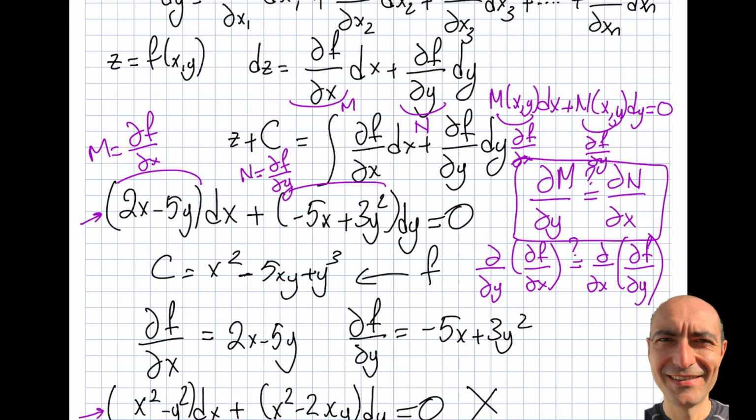The approach is going to look like this: I start with this one, move the dx to the other side, and take the integral of both sides, so I get an f. Then I go to the second equation, where there will be an unknown, and I plug that value back in to find the final form of the equation.